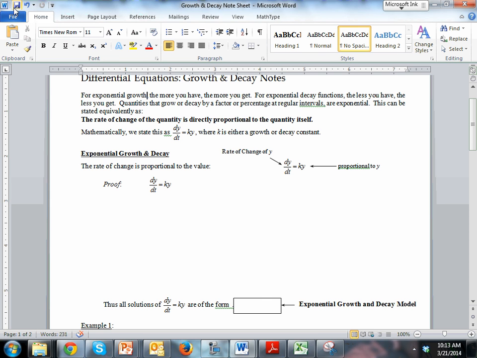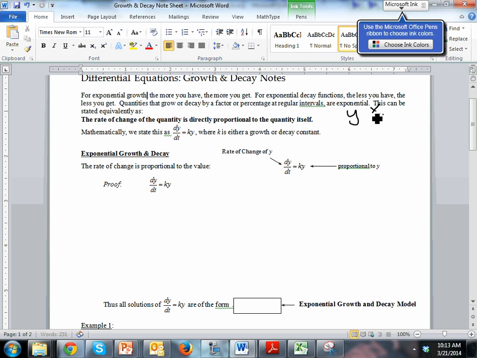Okay, when we talk about something being directly proportional, let's say y is directly proportional to x, then you have y equals a constant times x. Okay?